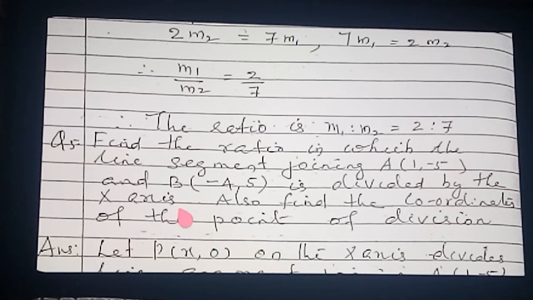Therefore, a point on the x-axis, which format is coming? (x, 0). Once more make it clear. A point on the x-axis, which format is coming? (x, 0). A point on the y-axis, which format is coming? (0, y). Clear? That point is very important.